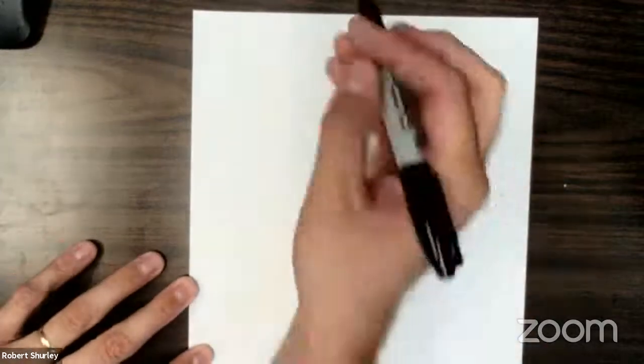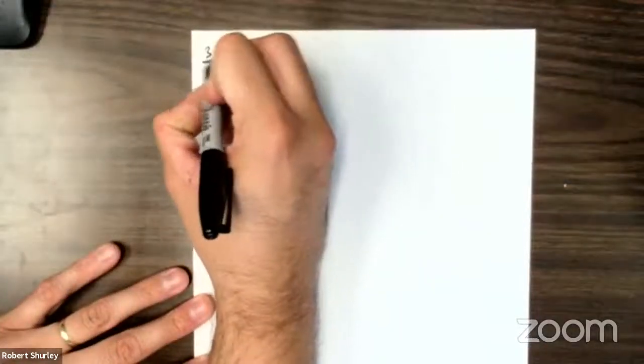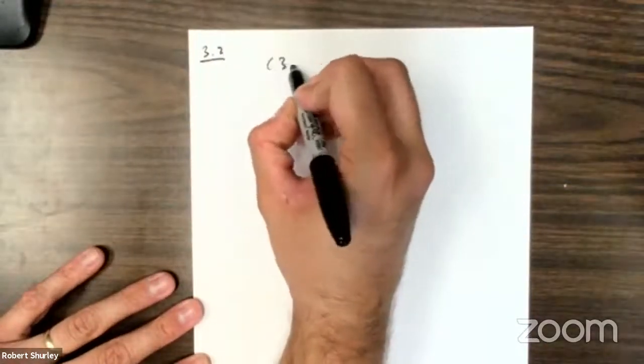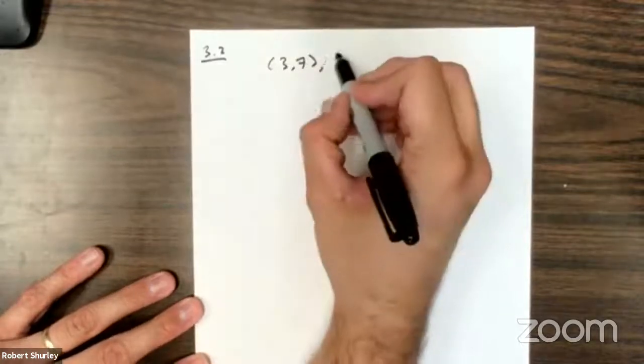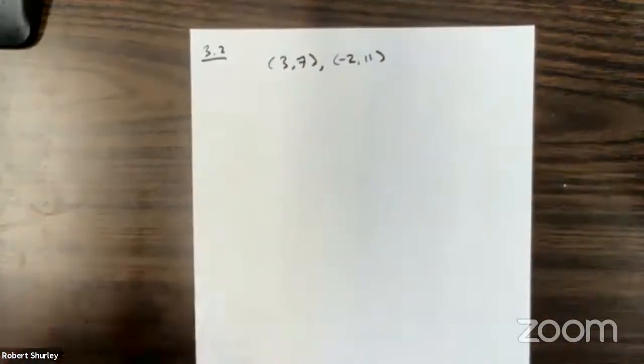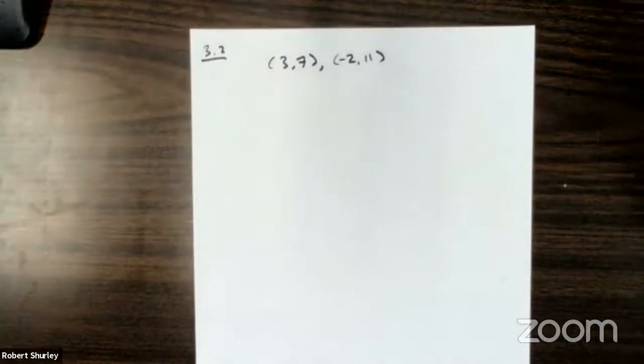Okay. So let's say we've got, I'm going to do an even one. This is number 6 on page 194 from 3.2. So 3, 7, -2, 11. I might have done this one already, but that's fine. So the question will say, find the slope of the line containing the pair of points.